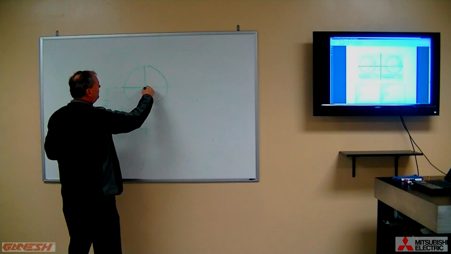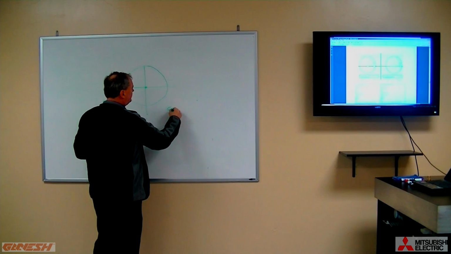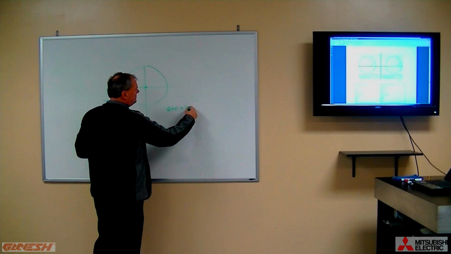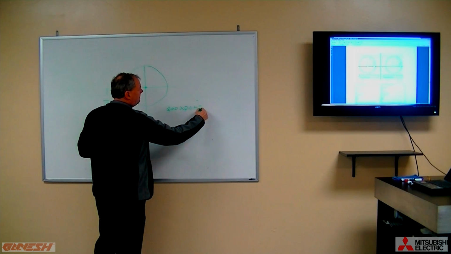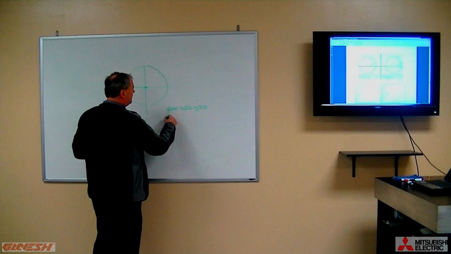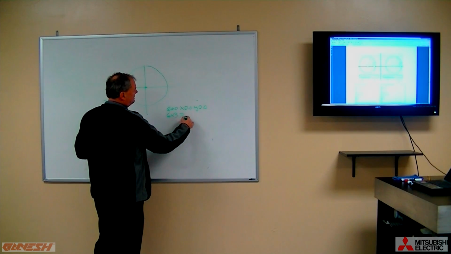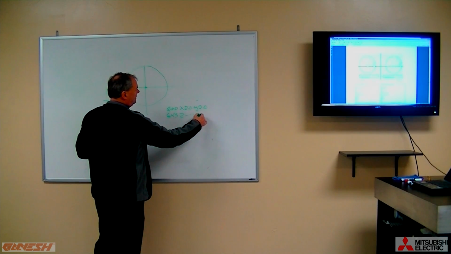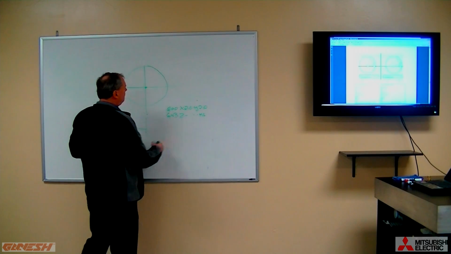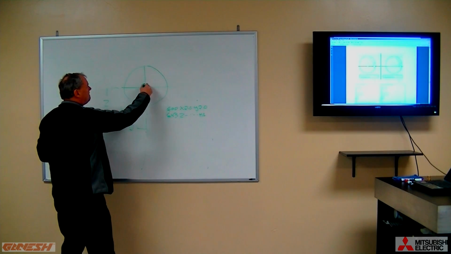What we're going to do is move to the center of the circle. We're going to say G00, X2, Y2. We're going to say G43, bring our Z down to whatever depth we want to use, H1. So now we're sitting here.